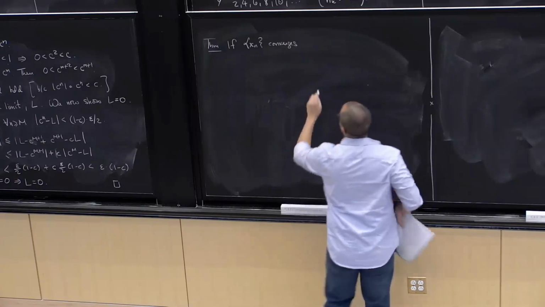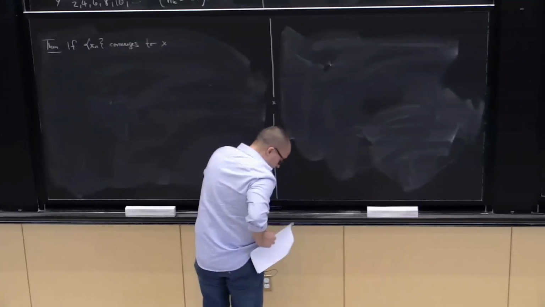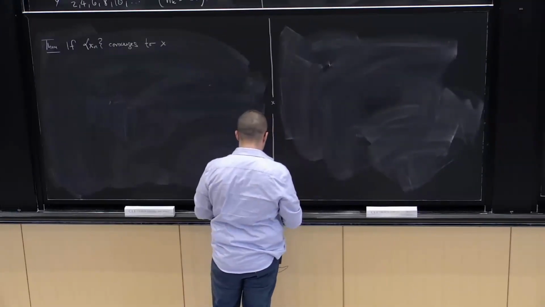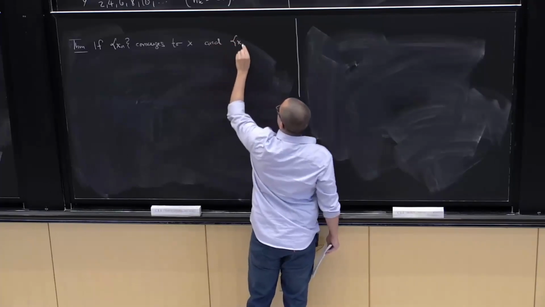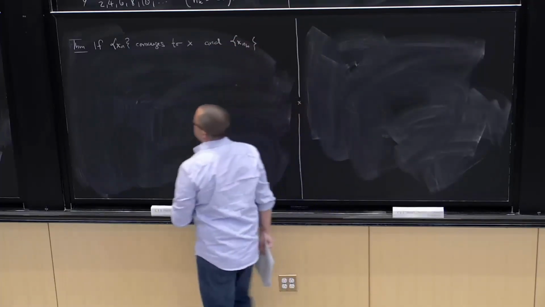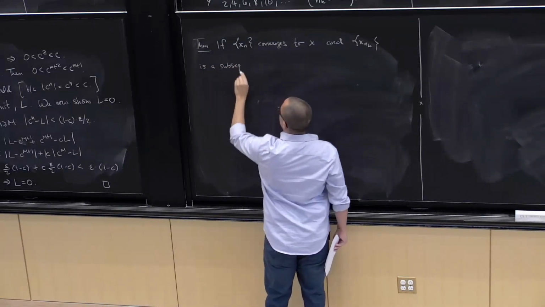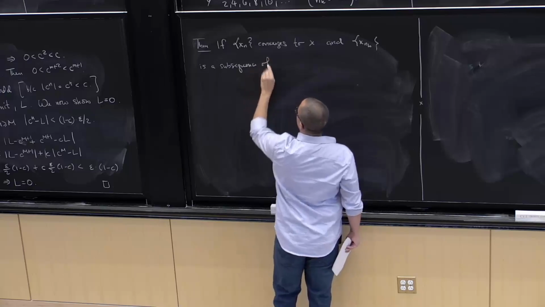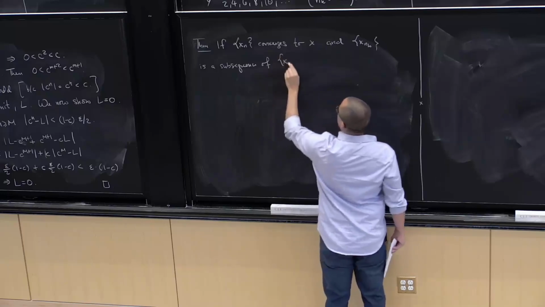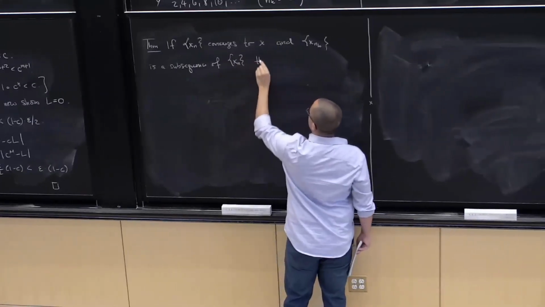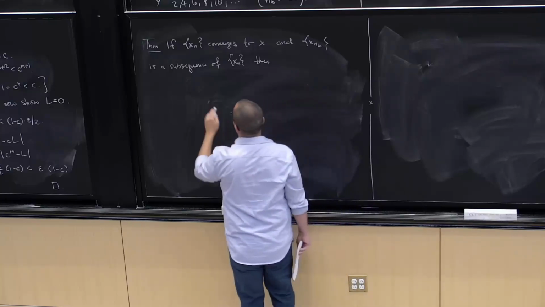If x sub n is a sequence which converges to x, and x sub n sub k is a subsequence of x sub n, then the subsequence converges to x as well.